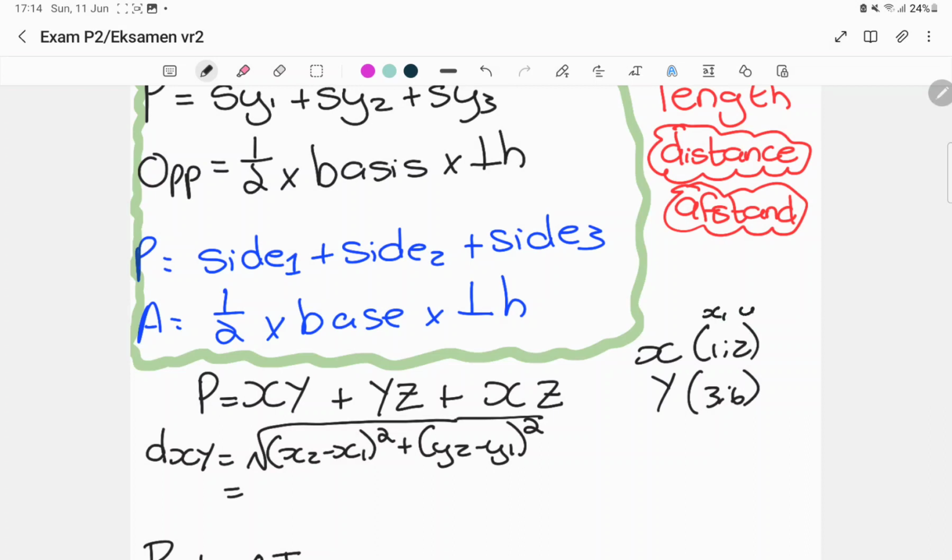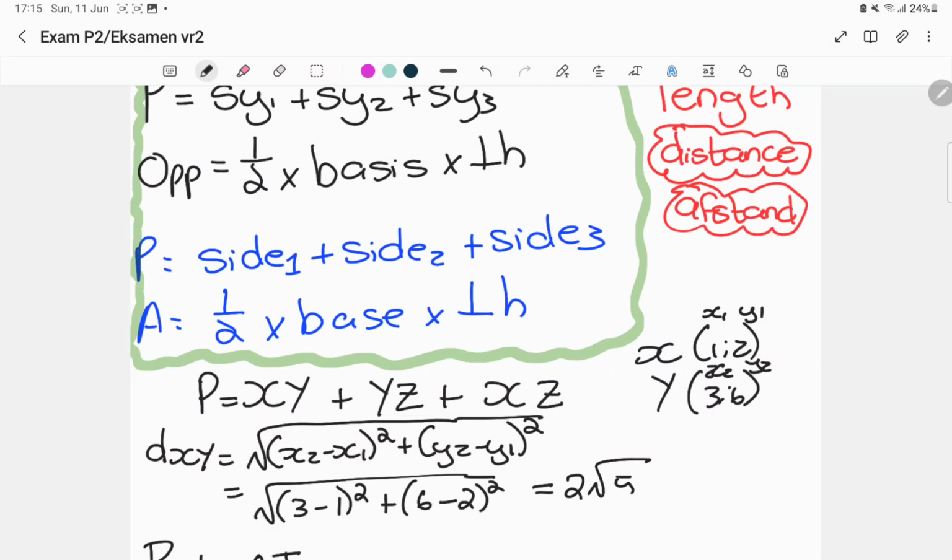So this is my x1, y1, x2, y2. So putting it in, it will be my x2 value, which is 3, minus my x1 value, which is 1, squared, plus my y2 value, which is 6, minus my y1 value, which is 2. Alright, and if I put this into my calculator exactly like this, I will get an answer of 2 root 5. Alright, so I know the length of line XY is 2 root 5.